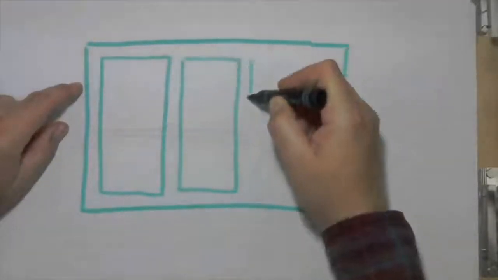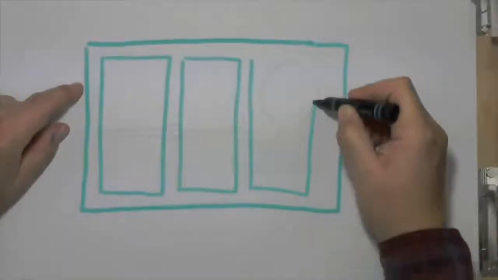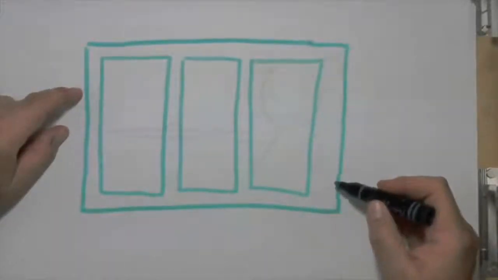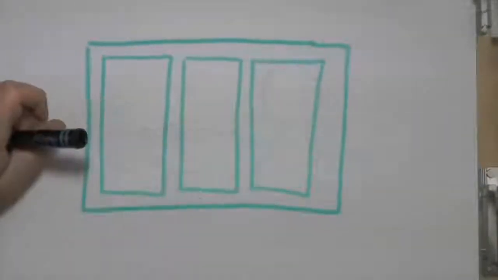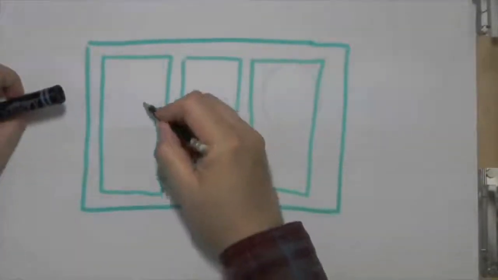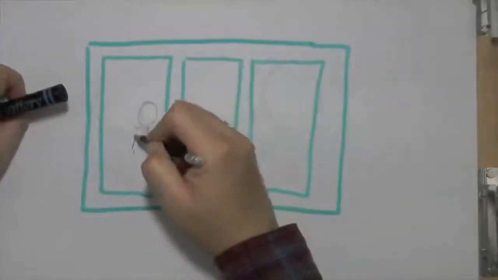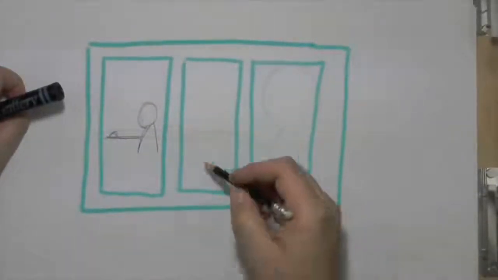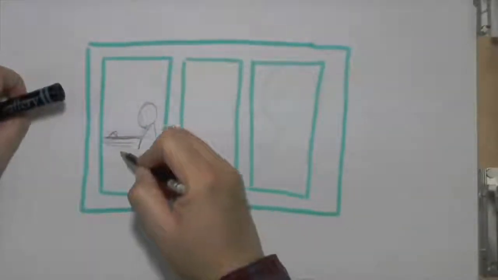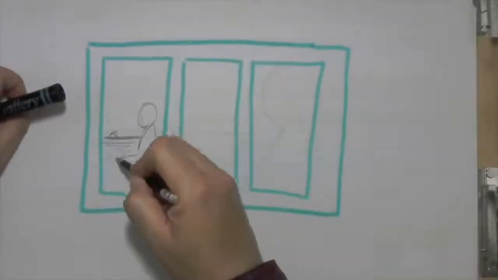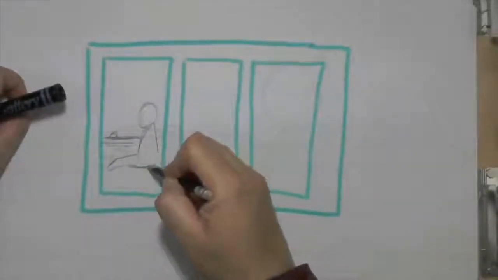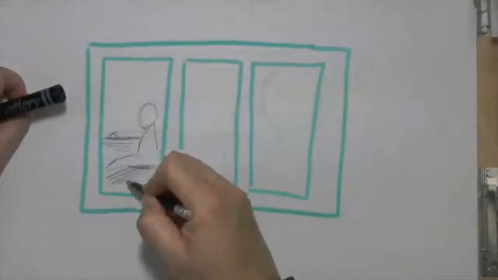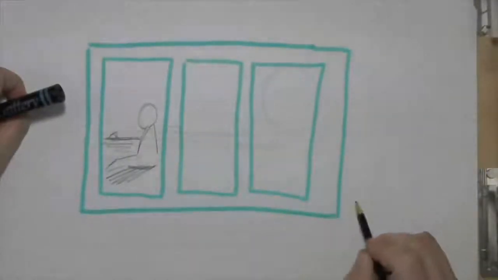So if I had this space and I made 3 boxes here instead of 1 large, and then inside of those boxes I told a similar story. A person watching the sunset. If you can tell that, I hope you can. This is the ocean, the beach. They're sitting on a rock. And I start to use this space differently now.